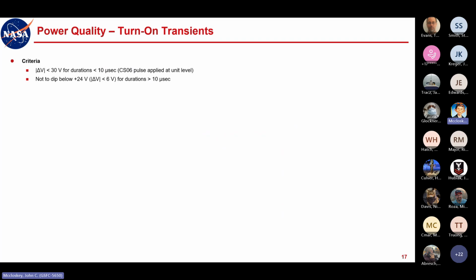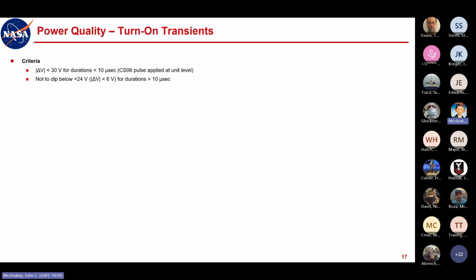So for turn on transients, again, you're instrumented anyway. It's the same instrumentation, voltage and current probes at the distribution point. So you just take these measurements when you're turning stuff on, and you get one shot at it. Maybe, if you ask nicely in advance, you might be able to get a couple. I think we did actually take a couple of shots with this. You've got to get your trigger set up just right and have the time base set up the way you want it.